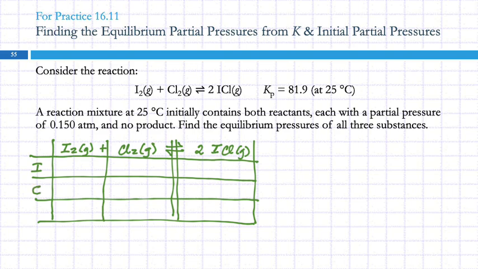ICE. I made my ice table. Now I'm going to put in my initial pressures. So the partial pressure of each reactant is 0.15 atmospheres. And there was no product.